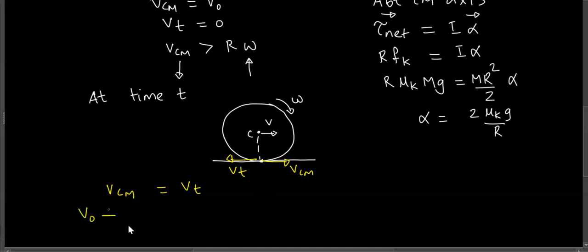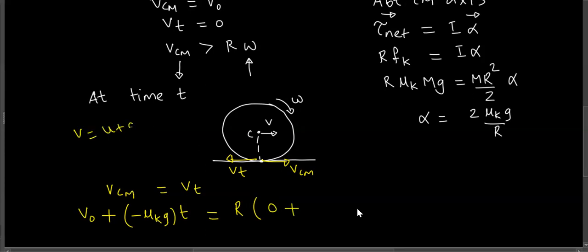plus the acceleration is in the opposite direction, which is minus mu kg, and then I multiply by time. The right hand side, I have tangential velocity, which is r omega. How can I write omega? Initial omega is 0. Final omega is plus alpha t. We are using these two equations. V is equal to U plus AT.